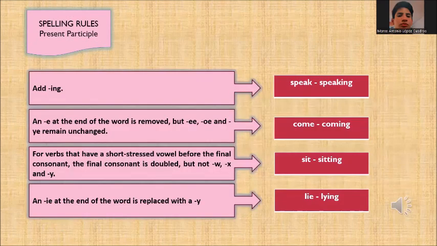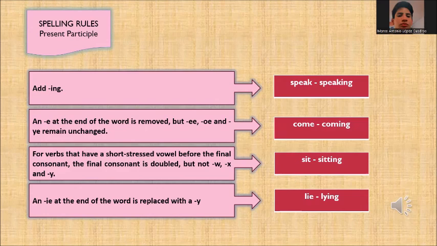The present participle or ing form is usually formed by adding ing to the infinitive of the verb. Speak, speaking. However, there are a few exceptions to the rule. An e at the end of the word is removed, but ee, oe, and ye remain unchanged.